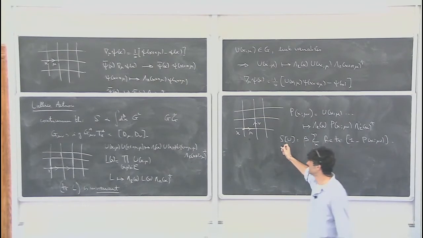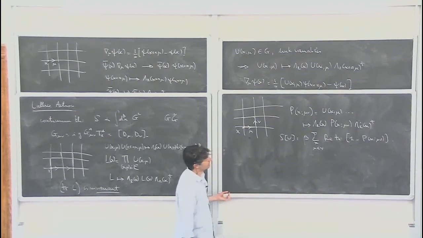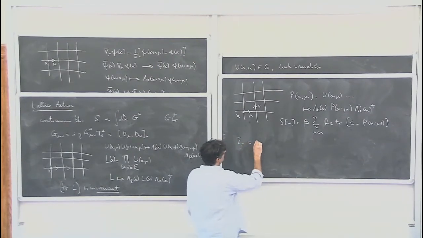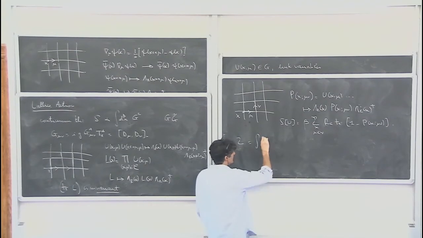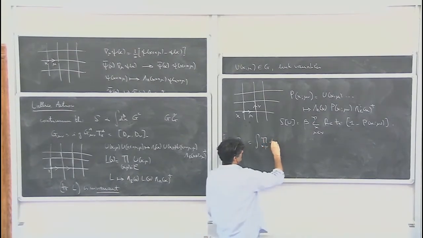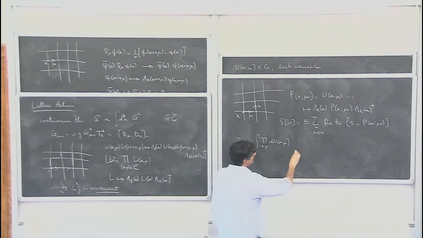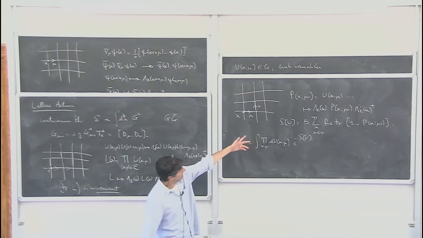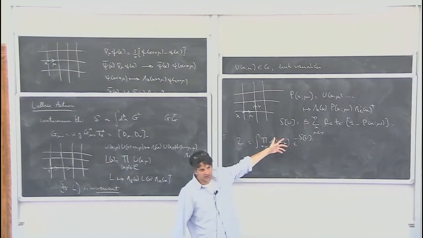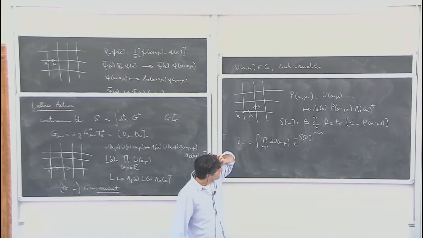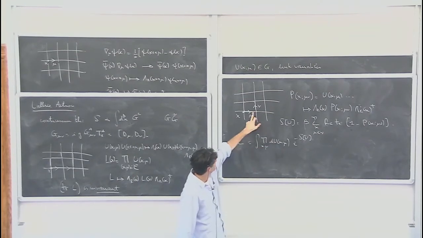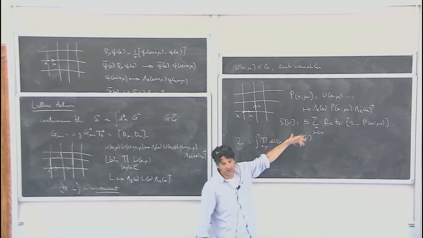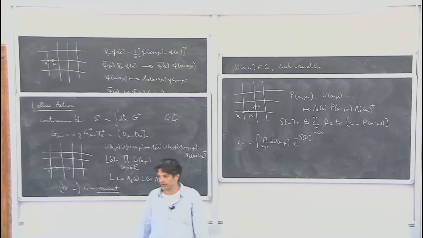Remember that this is a Euclidean theory, so we're going to define a path integral as the integral over e to the minus S of U. And then this really looks like a statistical system of matrices that are defined on each of the links, and beta looks like the inverse temperature of a statistical system.